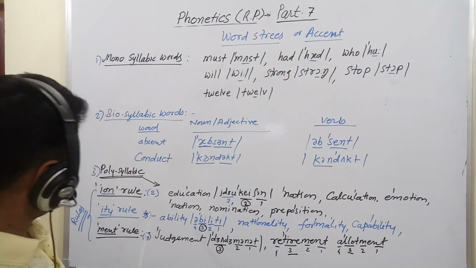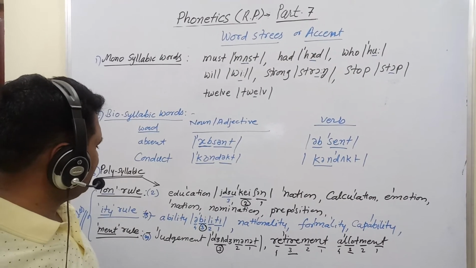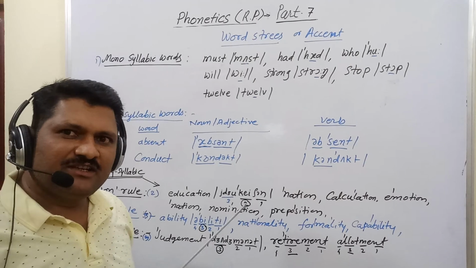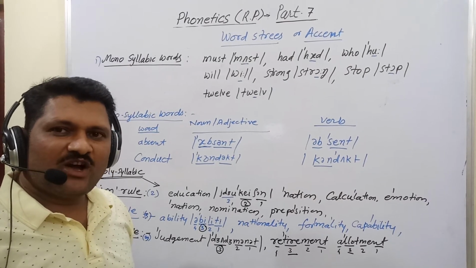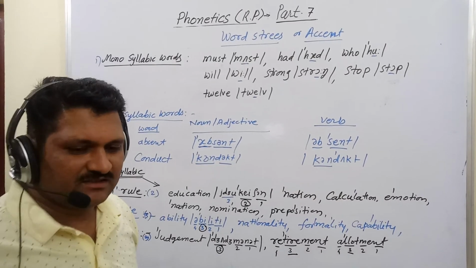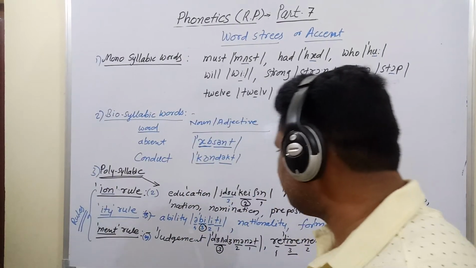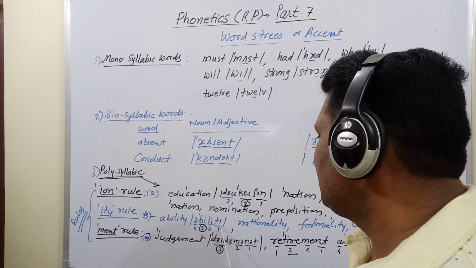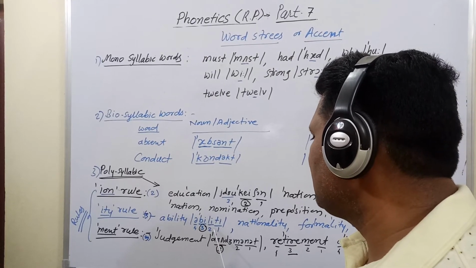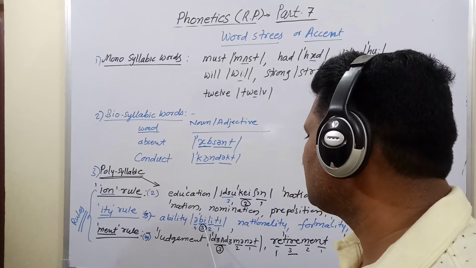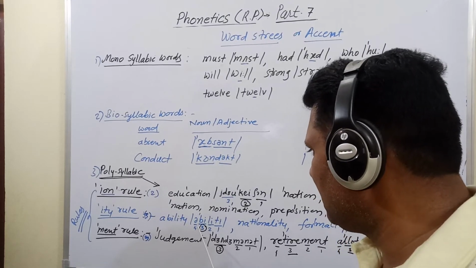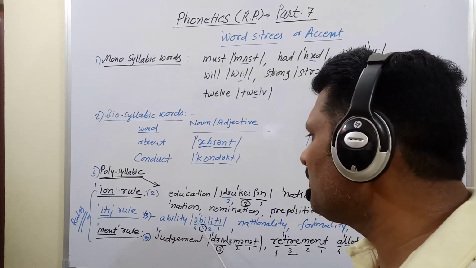Next, words ending with ity. It is called the ity rule. When words end with ity, the stress goes on the third syllable from the last. Let us see some words. Here ability is a word. Here ty is the first syllable from the last, li is the second from the last, and bi is the third from the last. Here the stress goes on the third syllable and all remaining syllables become weak.